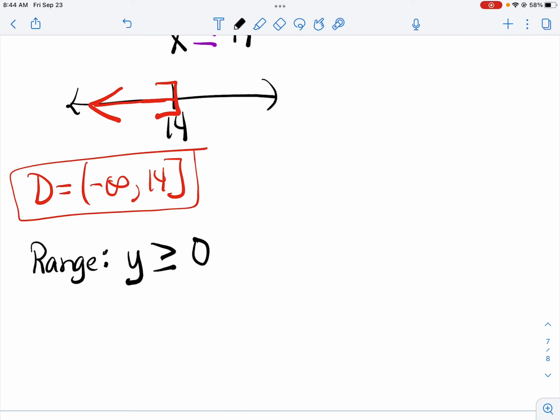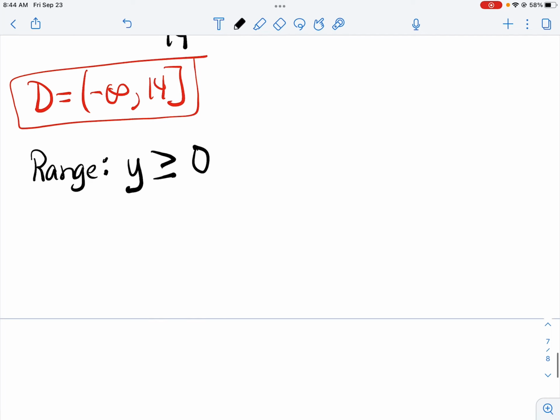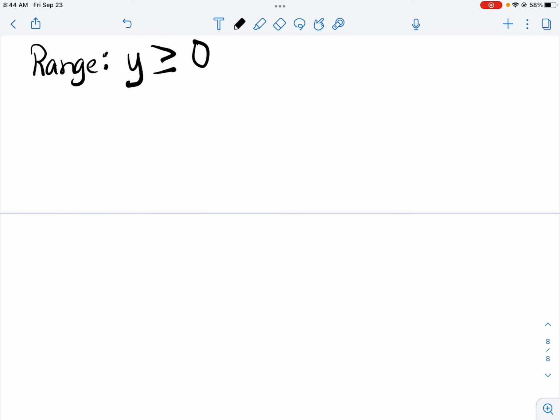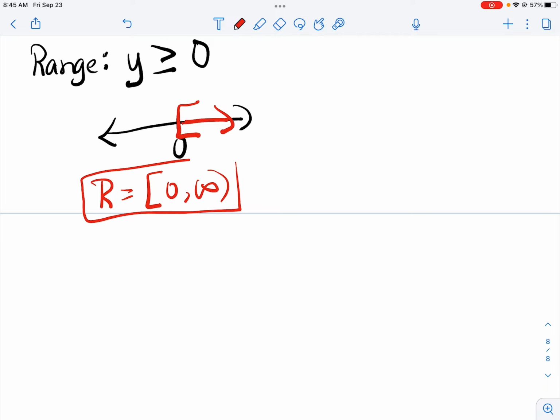Most of the square root problems that you're going to see are going to have a range of y greater than or equal to 0. I won't say all of them, but most of them will. Put your 0 on the number line, shade to the right because of the greater than, and you get a bracket. And so our range here is from 0 to infinity.